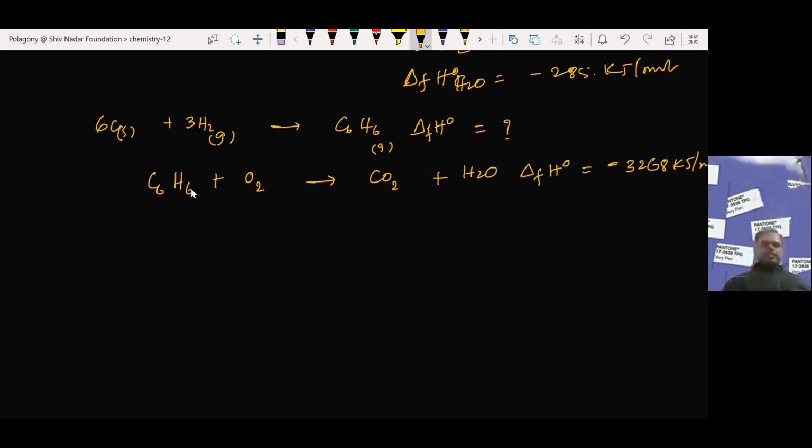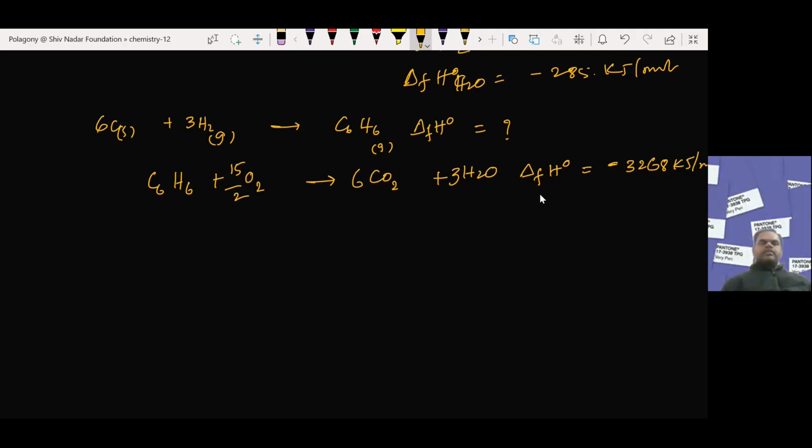That means 1 mole of benzene is subjected to combustion process with 15 upon 2 O2. So carbons are 6 and hydrogens are 3, and oxygens will be how many? 6 into 2, number of oxygen 12, plus 3 is 15. So here it is 15 by 2 into 2. So 15. Now the equation is balanced.